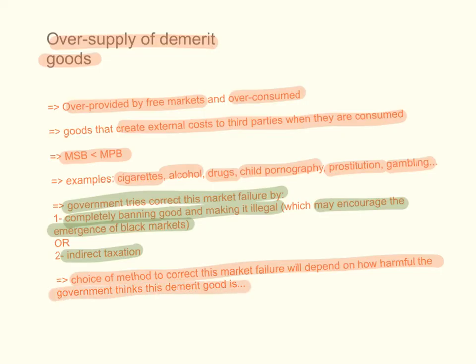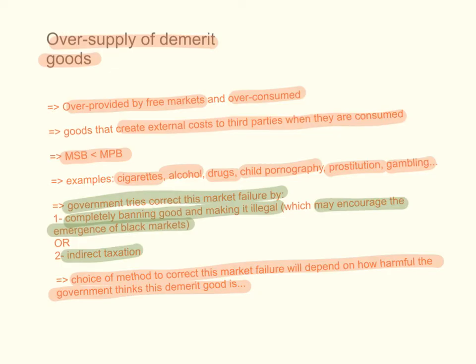So the market won't provide public goods because they are non-rivalrous and non-excludable. It's impossible to exclude people, and it's not really easy to charge people for using them. The government will also try to correct the market failure of an undersupply of merit goods that are underconsumed, even though they're quite beneficial to society as a whole, and also an oversupply of demerit goods, which are oversupplied and overconsumed.